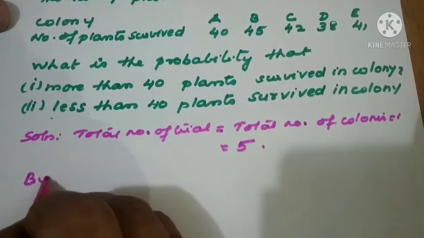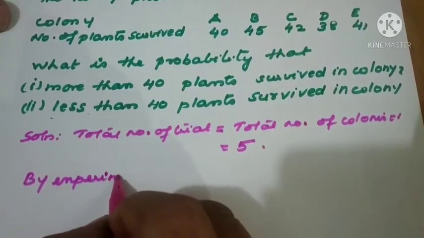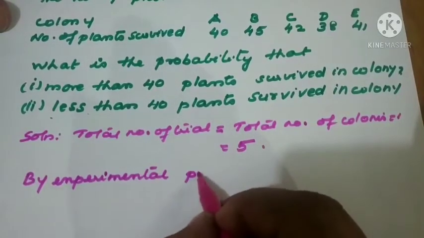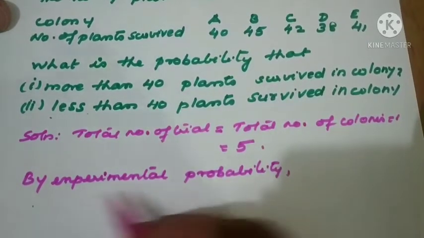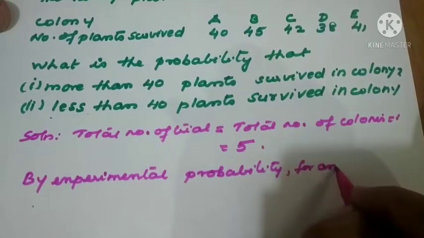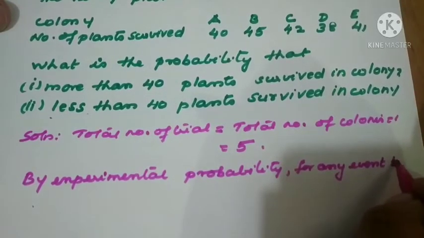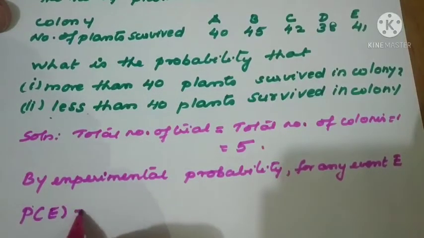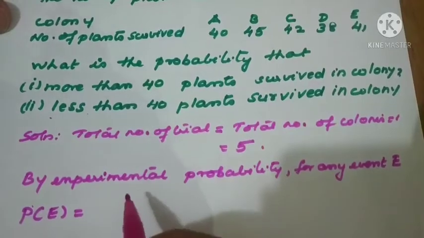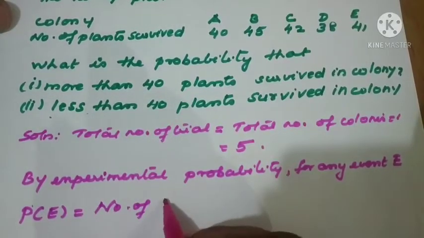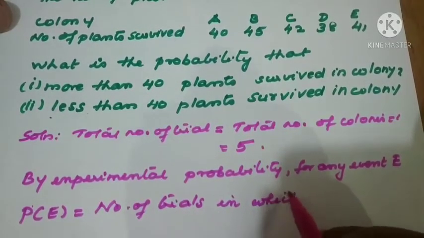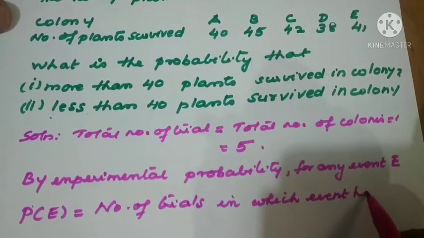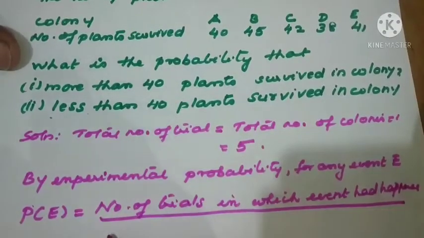By experimental probability, for any event E, P of E equal to number of trials in which event had happened divided by total number of trials.